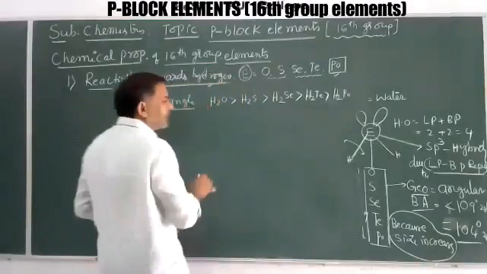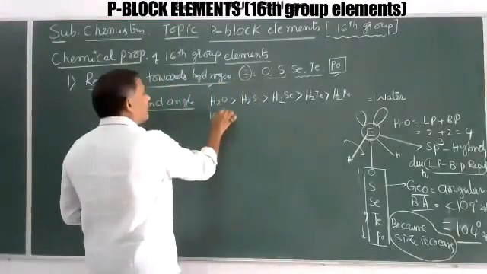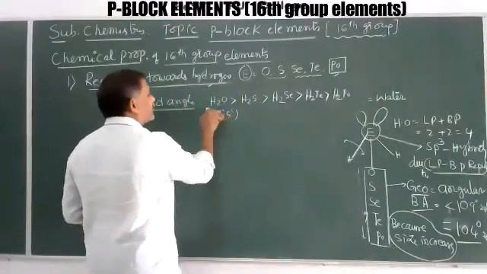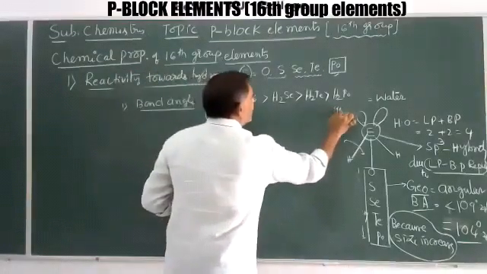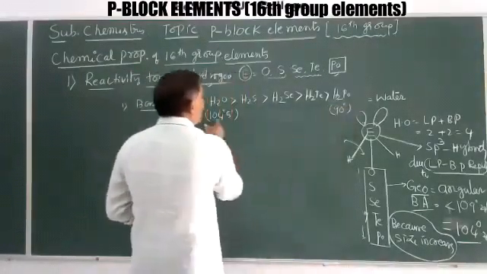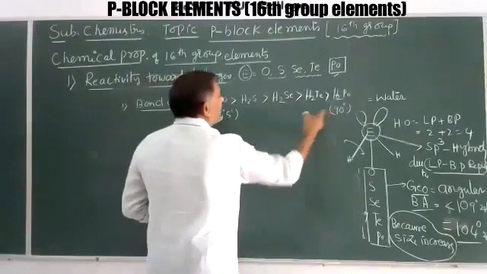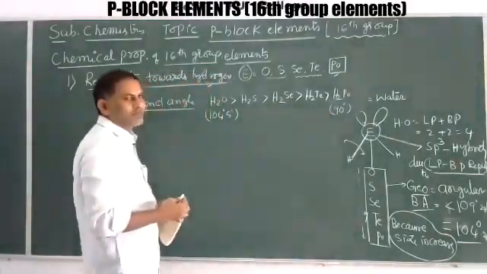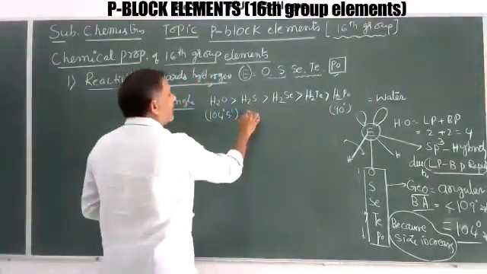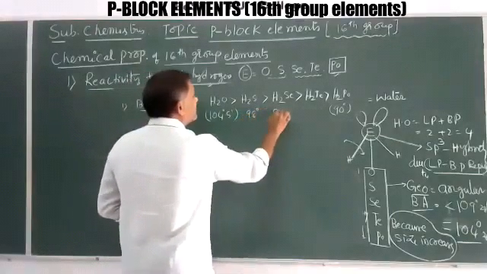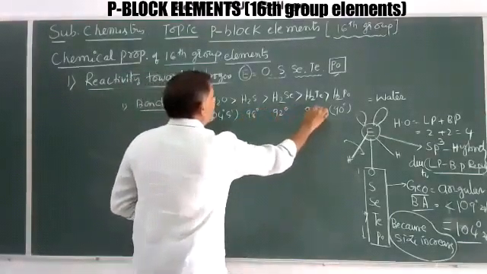This is 104 degrees 5 minutes for water, nearly 90 degrees at the end. So from here to here the bond angle decreases, approximately 98 degrees, 92 degrees, 91 degrees.